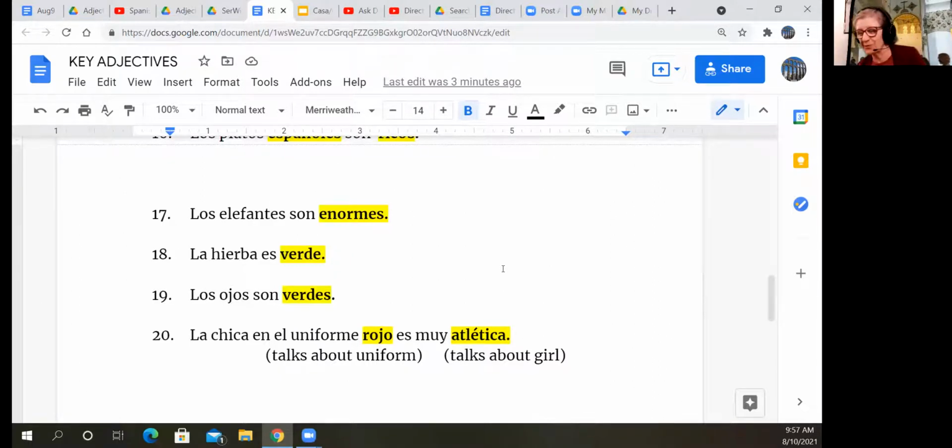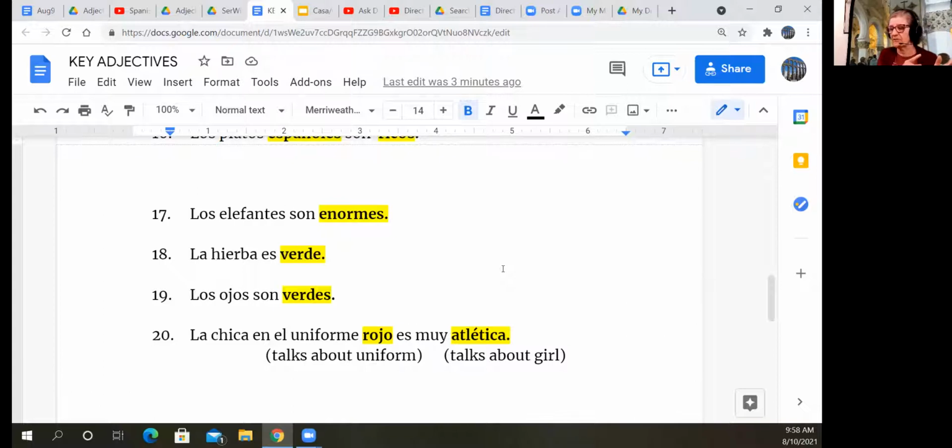And the last one is a real trick one. The first adjective is talking about uniform. El uniforme. So, la chica en el uniforme rojo, the girl in the red uniform, because the uniform is red. But now the uniform isn't athletic, the girl's athletic.